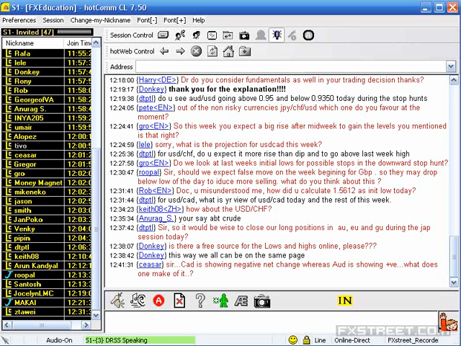Is there a free source for the lows and the highs online? So it is available in the live market code page, which is free for anybody to view, and there is no need to open a trading platform. You can just see it in the live market code page, which is provided by Saxo Bank, which is coming from the interbank treasury, and that is why I prefer it. Otherwise, no affinity with any broker.